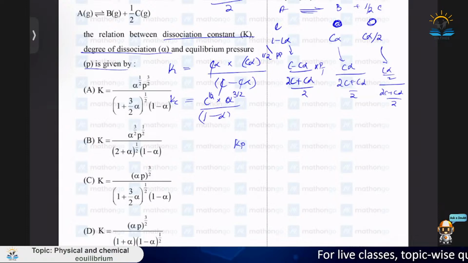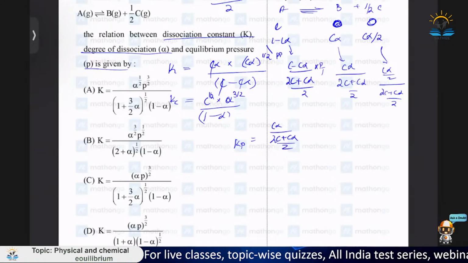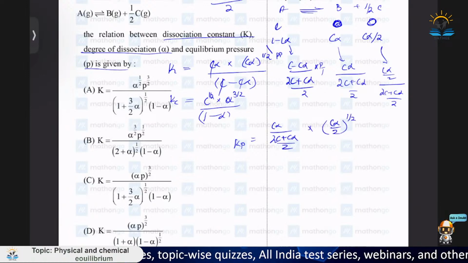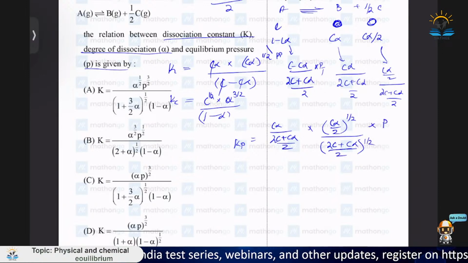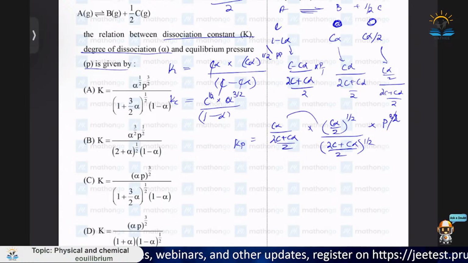Writing the equation of Kp, we will write C alpha upon 2C plus C alpha by 2 into C alpha by 2 upon 2C plus C alpha by 2 to the power 1 by 2 into pressure to the power 3 by 2, which is combined for both of these.